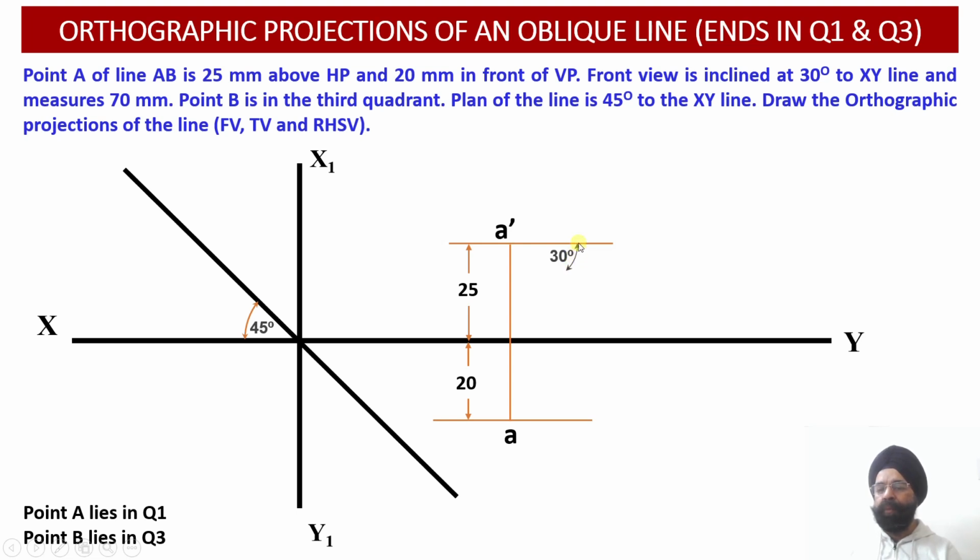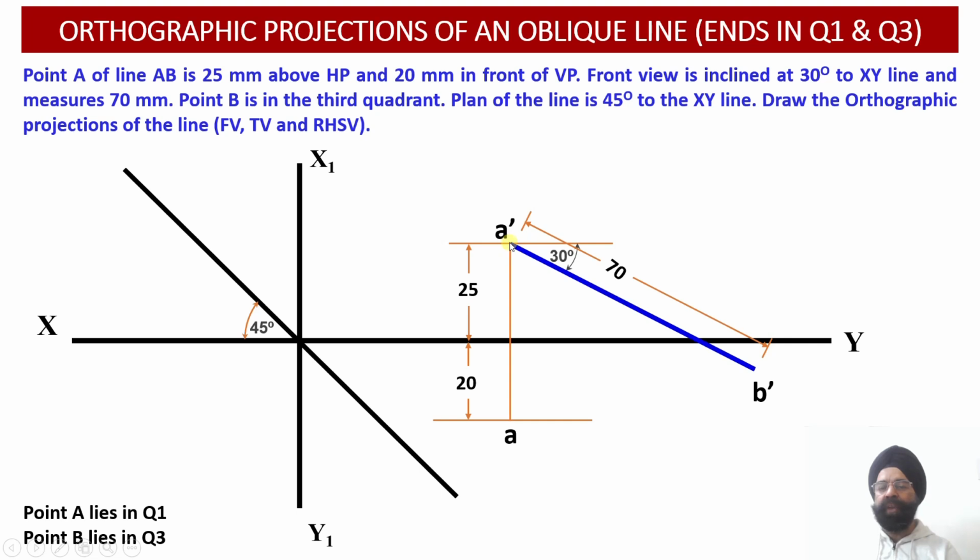And the moment we mark this angle of 30 degree, the front view projection of the line, A dash B dash, will be drawn in such a way that the length of this projection A dash B dash should be equal to 70 millimeter, because this information is also available in the problem statement that the front view is inclined at an angle of 30 degree to the XY reference line and it measures 70 millimeter.